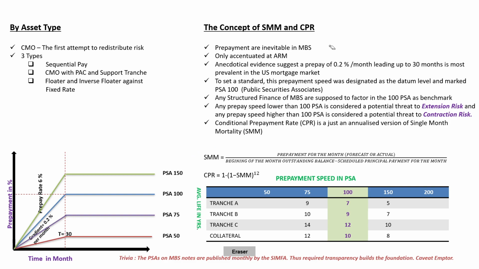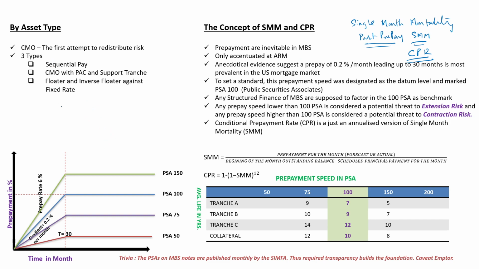To begin with, SMM stands for single month mortality and is a measure of the part prepayment that the structure may expect to receive every month. And when this single month mortality, or SMM, is annualized, it is called the conditional prepayment rate, or CPR. All right.